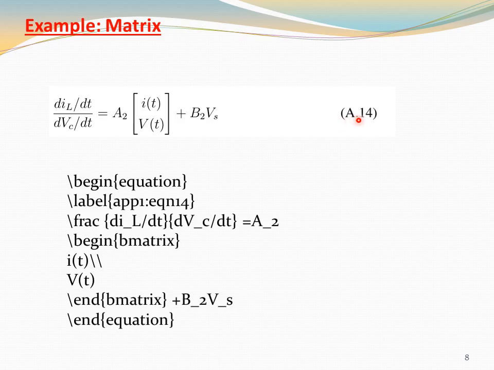Then we write \frac{d}{dt} of i underscore L, v underscore t, is equal to A2. Now the matrix begins with \begin{bmatrix}, I of t and V of t are the matrix values. Then \end{bmatrix}, then plus B underscore 2 V underscore S, \end{equation}. Now after executing the equations, we will get the output equation in LaTeX form like this.